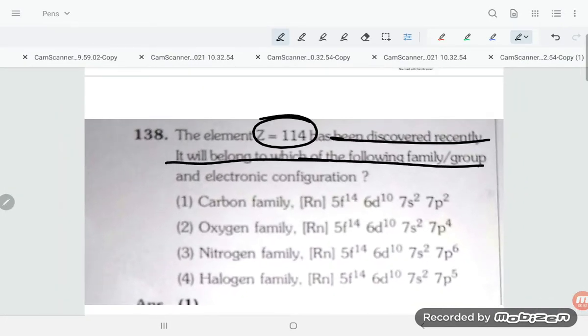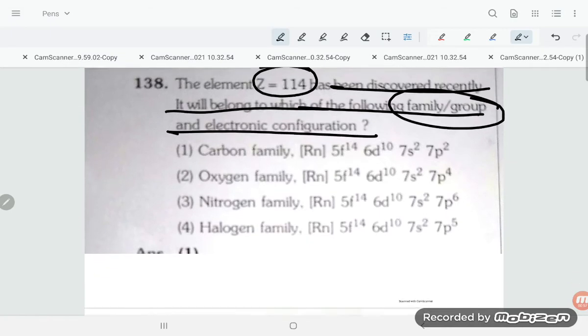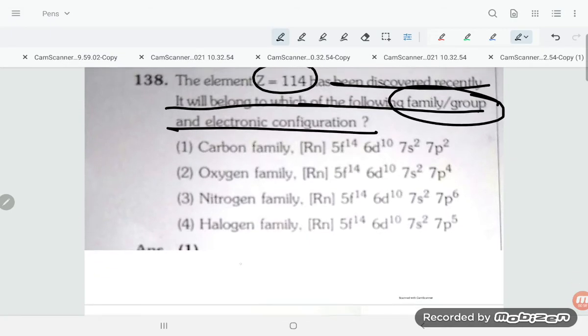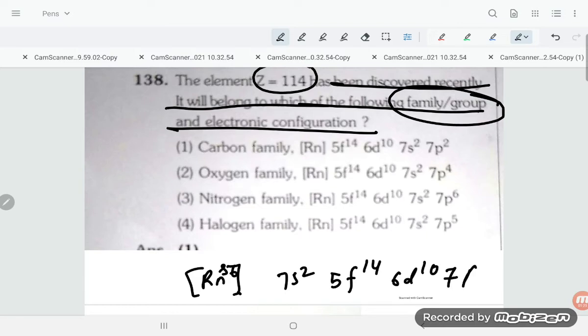Next question, student: element 114 has been discovered recently. Which family, group, and electronic configuration will it belong to? So 114, right? Rn is there, Rn means 86. Then after Rn it will come 7s2, 5f14, 6d10, and 7p2.